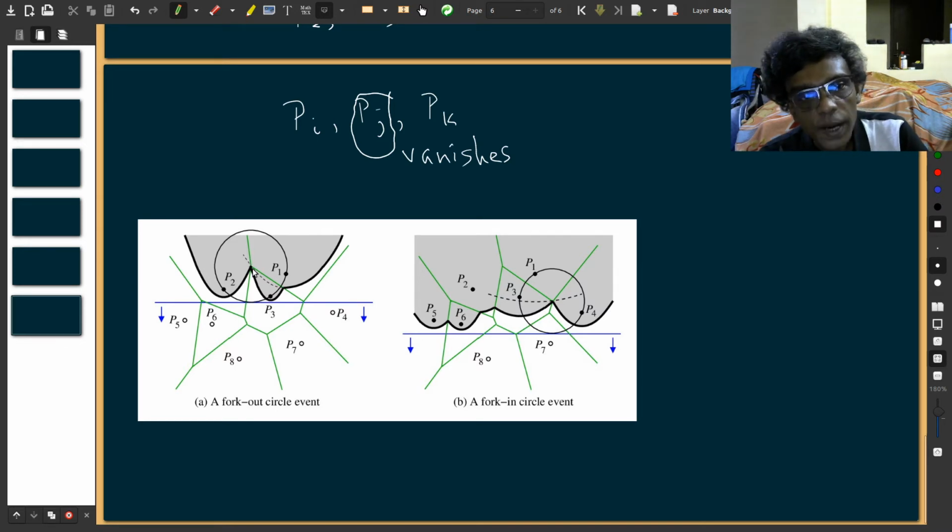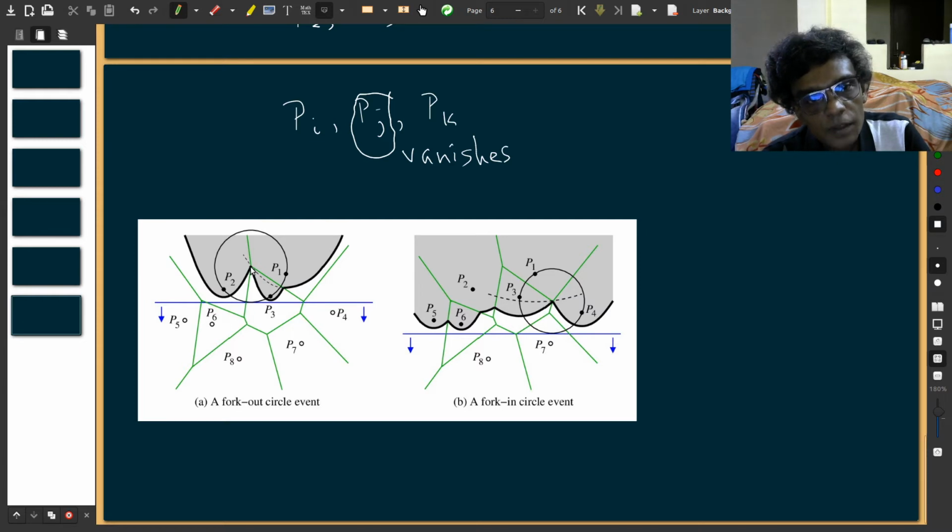At the moment the arc P1 vanishes, you see that three parabolas are meeting at a particular point. P2, P1, P3. Okay.